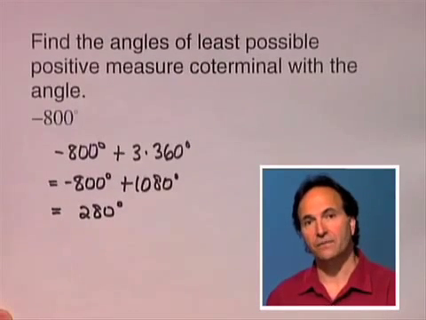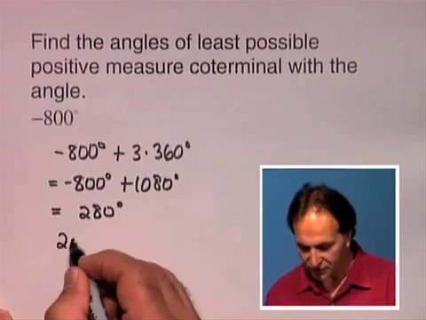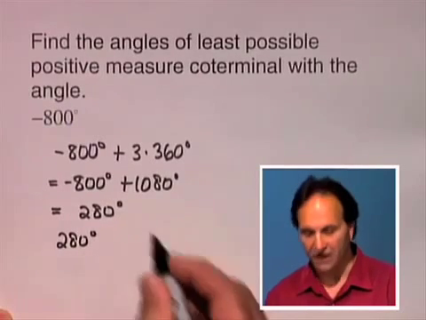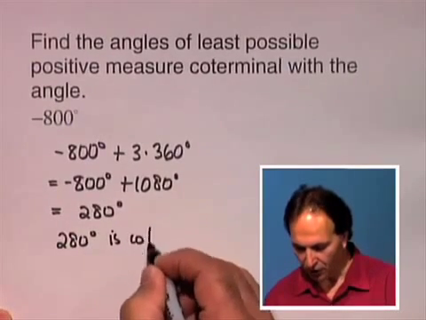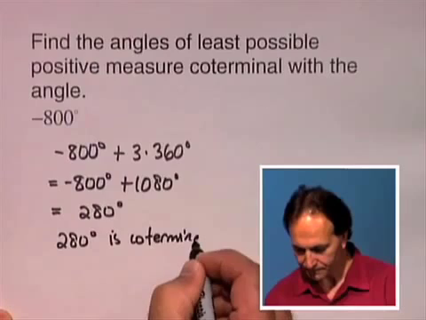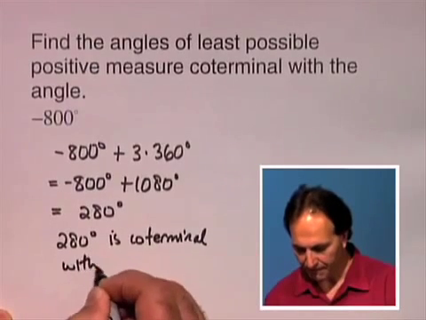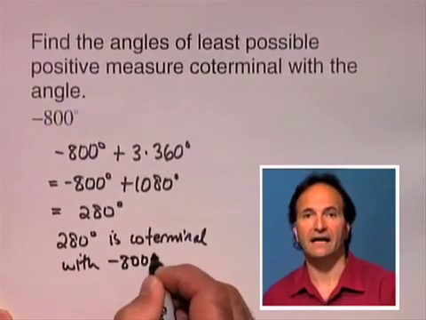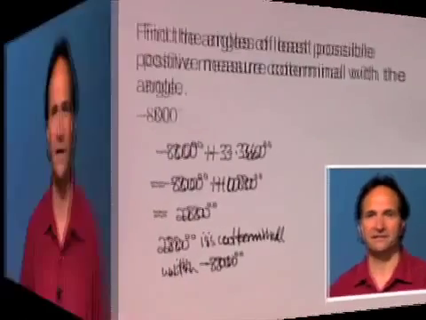280 degrees. And so what we would say is that 280 degrees is coterminal with negative 800 degrees. In this example, we're going to analyze the revolutions of a circular object.